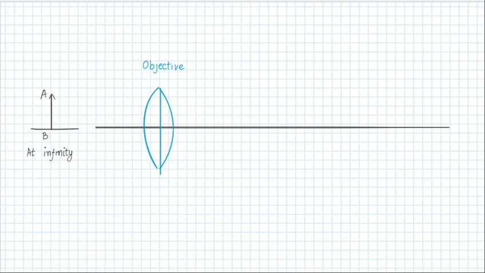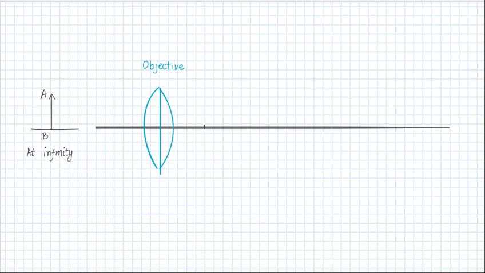If this point represents the primary focus or primary focal point, then this distance will be the focal length of the objective. Let me draw this with a blue pen.